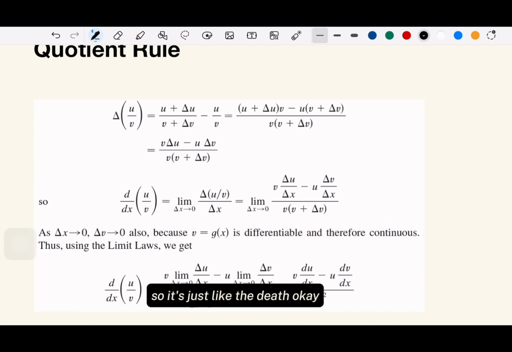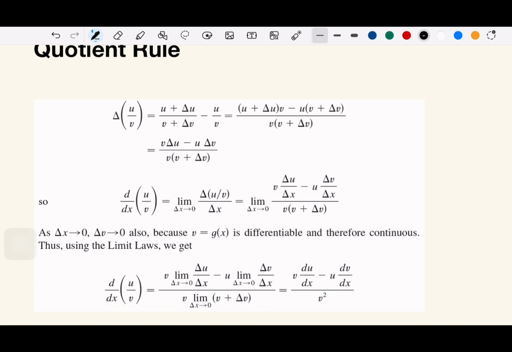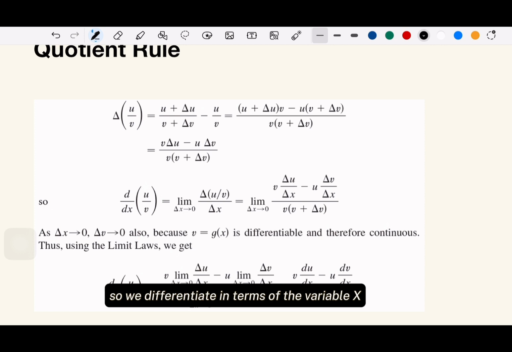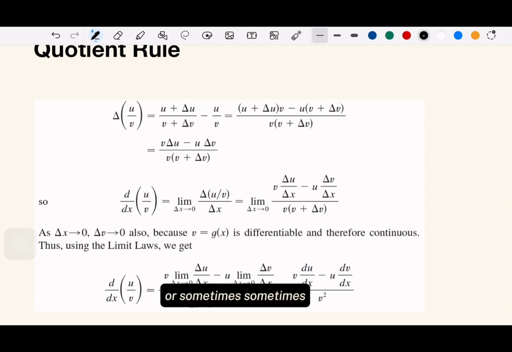So the implication is we can write d dx of u, meaning the first derivative of u with respect to x. So we differentiate in terms of the variable x. So usually we write d dx here. Or sometimes we can put the accent or prime.